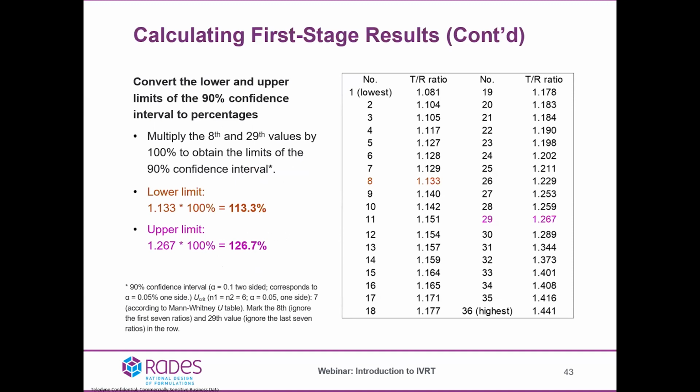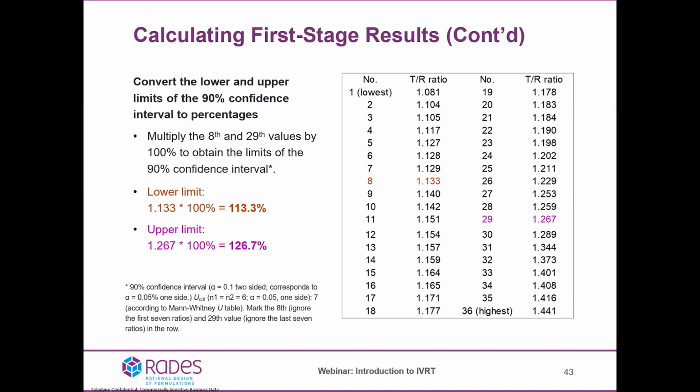Those values are multiplied with 100%, giving a lower limit, in this example, of 113.3% and an upper limit of 126.7%.